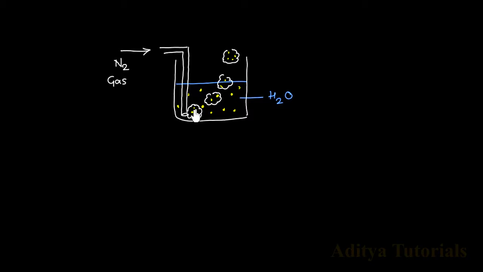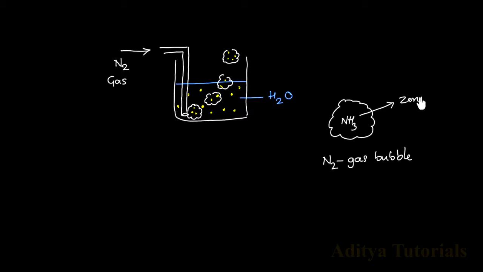gas bubble. So why is it happening so? Because a very interesting point is the partial pressure in this bubble, it is the nitrogen gas, N2 gas bubble. In that, if there is an NH3 molecule present, it is producing zero partial pressure.